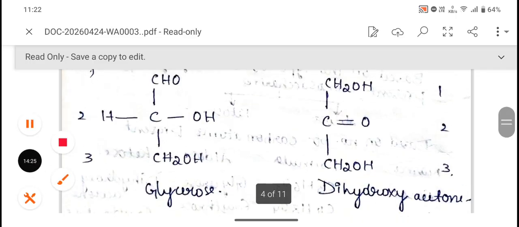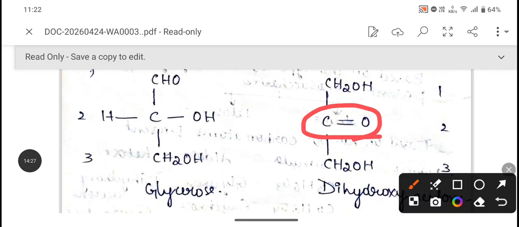It consists of a simple C double bond O and CH2OH at the top and bottom of the structure. As glycerose and dihydroxyacetone are trioses, they consist of only 3 carbon atoms, 1, 2 and 3, in their structure. That's why they are referred to as trioses. One consists of an aldehyde group, glyceraldehyde, and the other a ketone group, dihydroxyacetone.